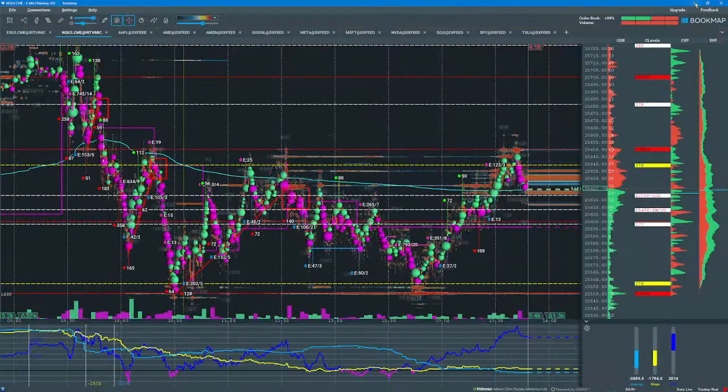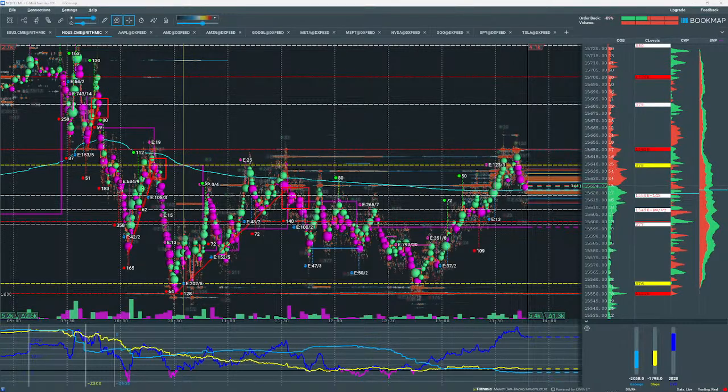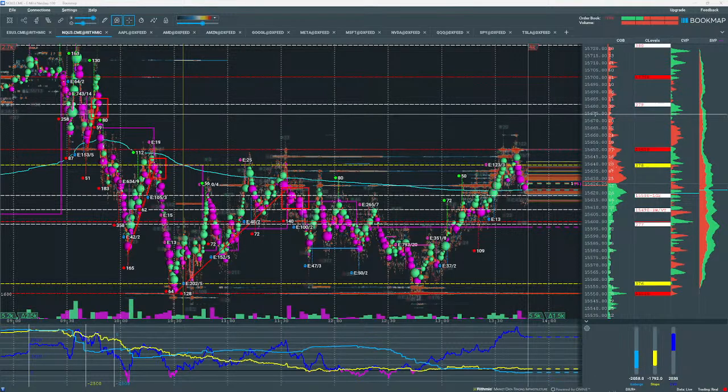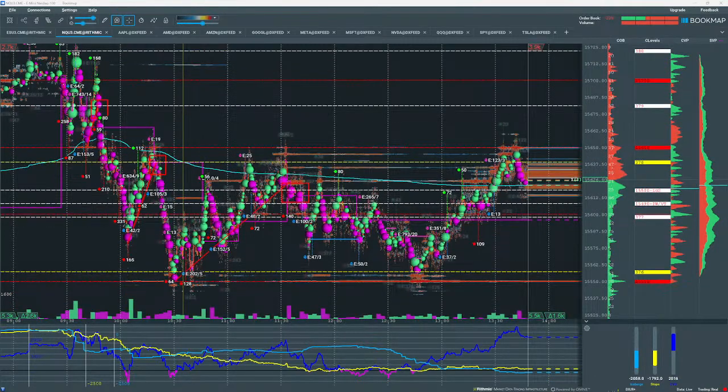All right, let's take a look at NQ now. So for NQ, I have the QQQ levels shown on my chart. So here is the 380 absolute gamma strike, and that did shift lower as well from 385 yesterday to 380, so that is bearish.